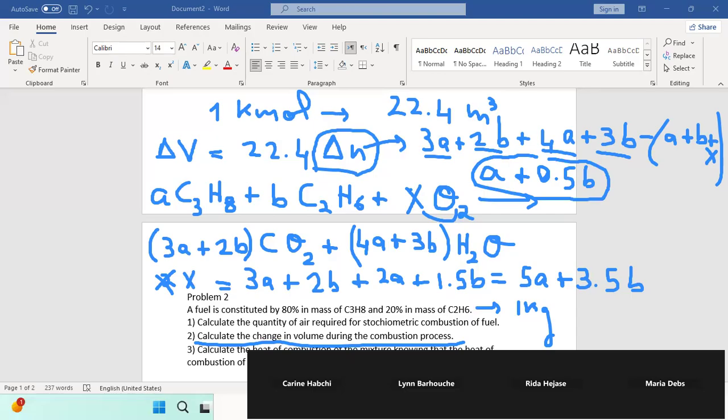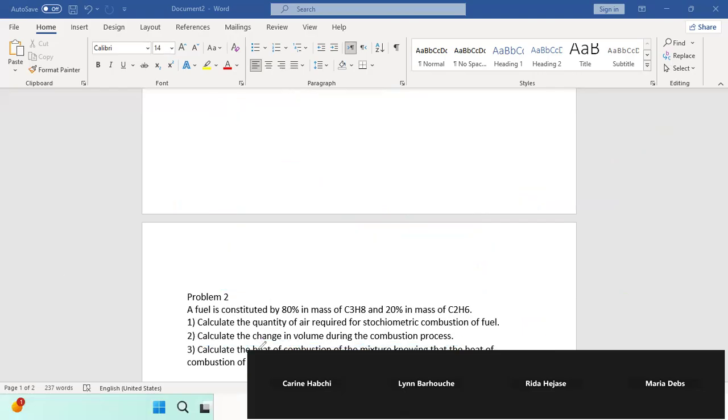Now, calculate the heat of combustion of the mixture, knowing that the heat of combustion of C3H8 is 50.35 megajoule per kilogram, and the heat of combustion of C2H6 is 51.9 megajoule per kilogram. So here, since the analysis is per kilogram, you need to use percentages in mass.